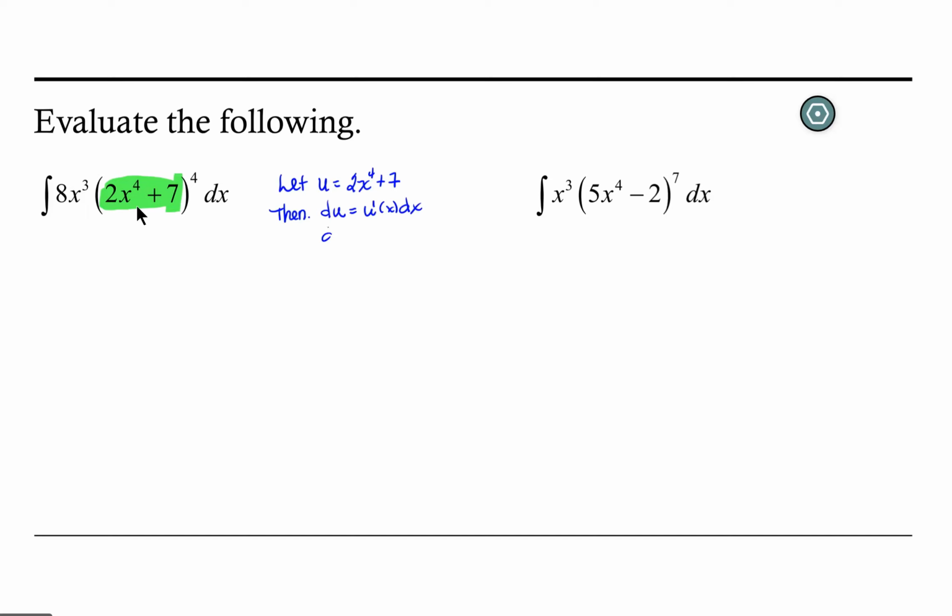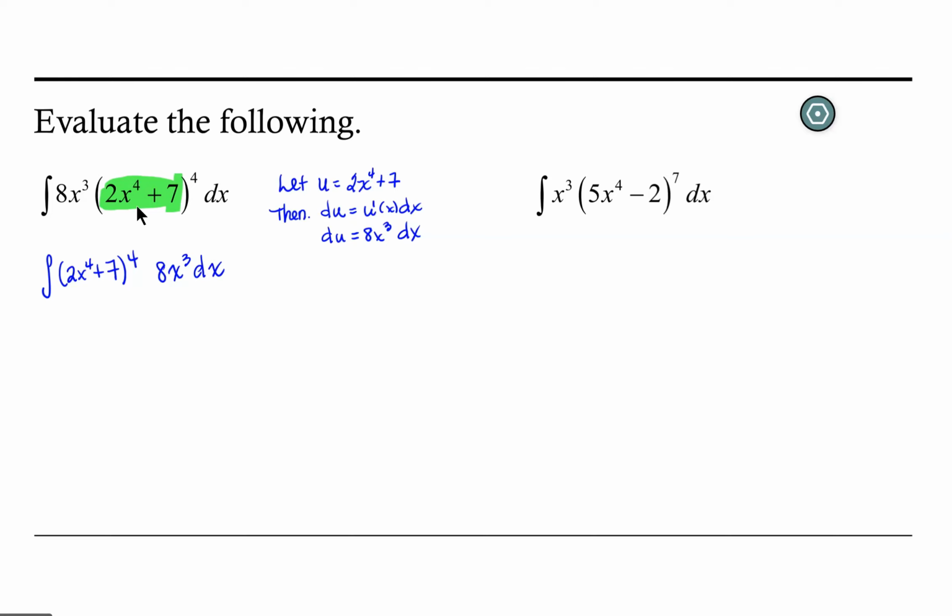Or in this case, our differential for u is 8x cubed dx. So I'm going to use the commutative property of multiplication to rewrite my integral a little bit here. I'm going to put the quantity 2x to the fourth plus 7 raised to the fourth power first, times 8x cubed dx second.